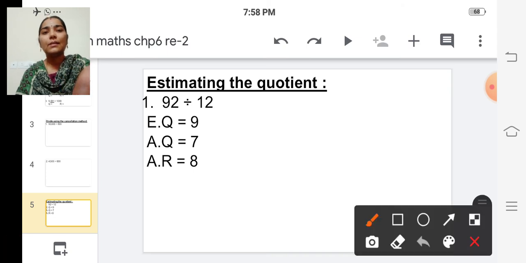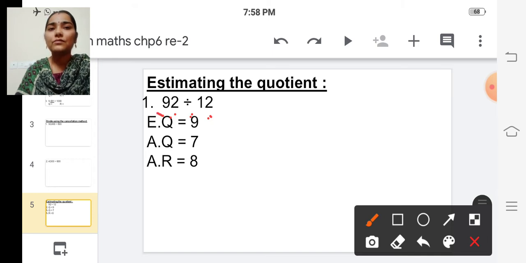See the first example. 92 divided by 12. We have to round off 92 and 12 to the nearest 10.